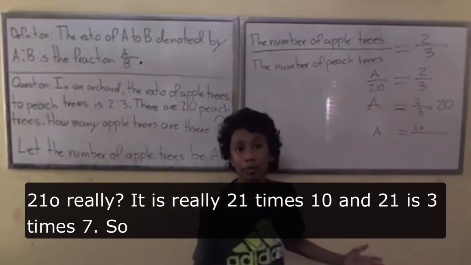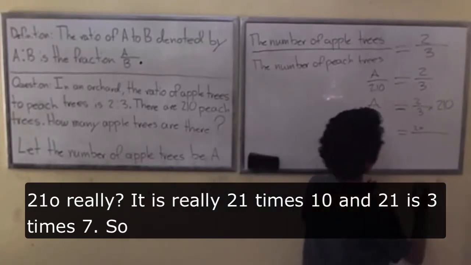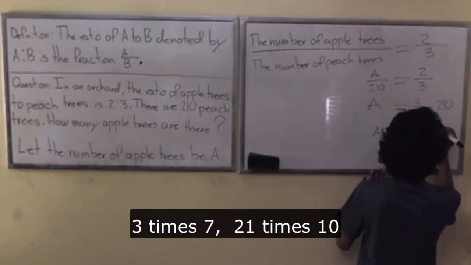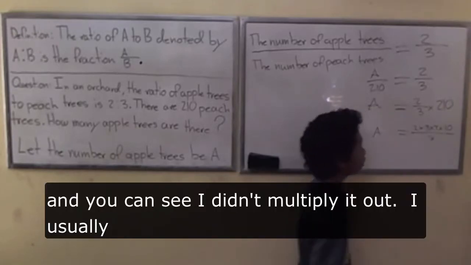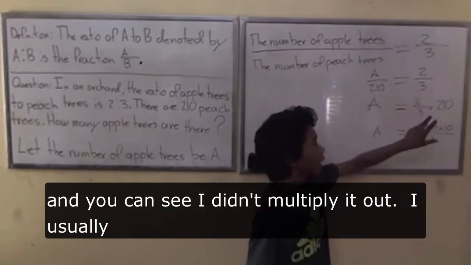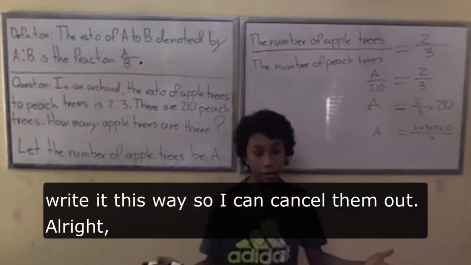It's really 21 times 10, and 21 is 3 times 7. So 3 times 7, 21 times 10, and there we have 210 over 3. And you can see I didn't multiply it out. I usually write it this way so I can cancel them out.